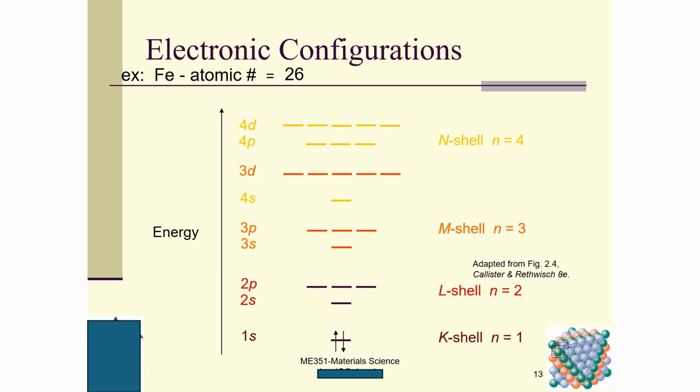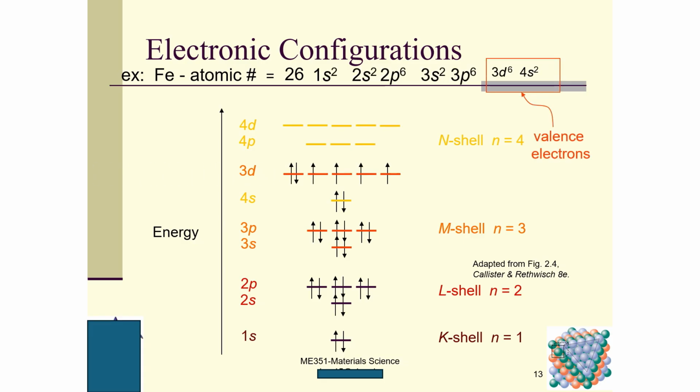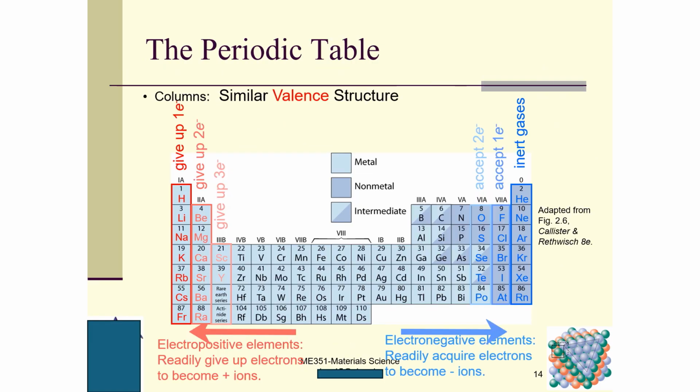We have spins of positive 1/2 and negative 1/2, the same for other states. The 3d and 4s electrons are called valence electrons.